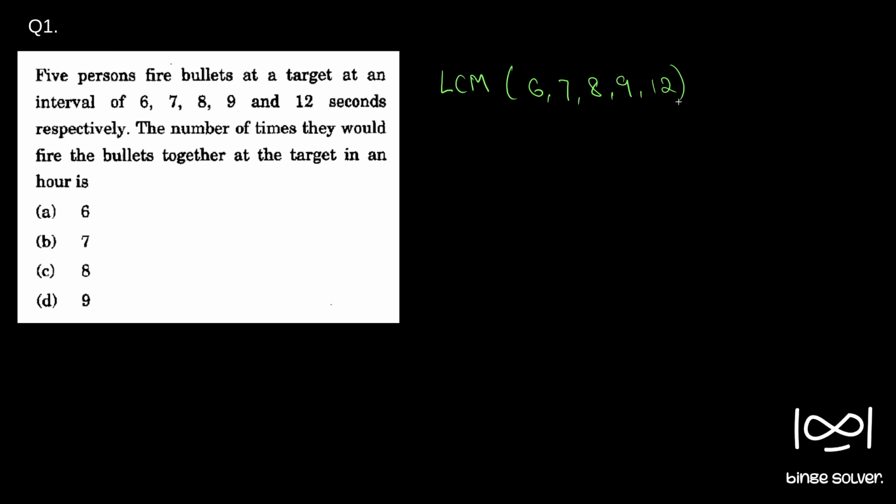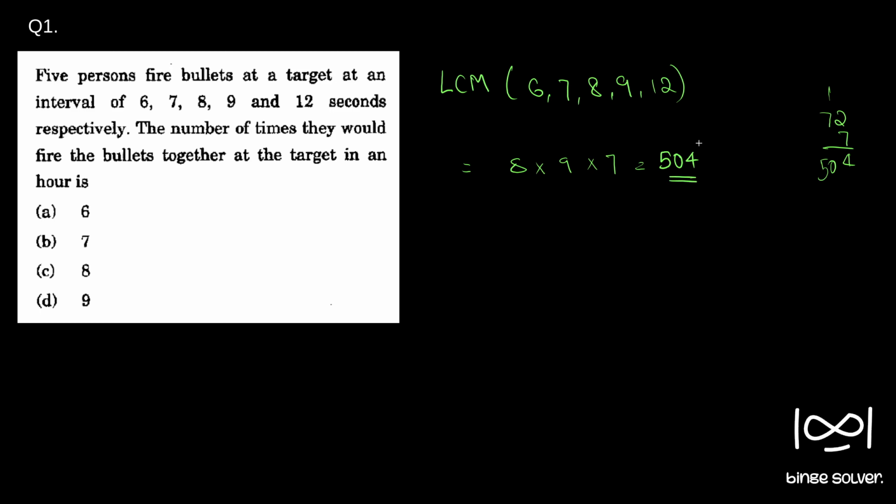So for the LCM, if you see, 8 into 9 into 7, since it contains 12, this will be the LCM. 9 into 8 is 72, and 72 into 7 is 504.